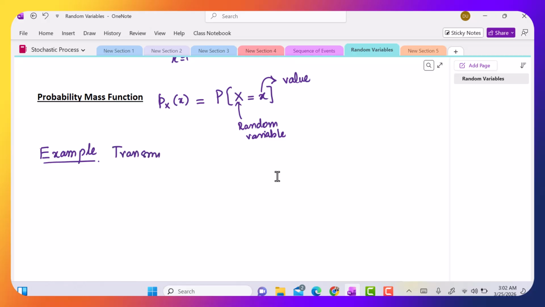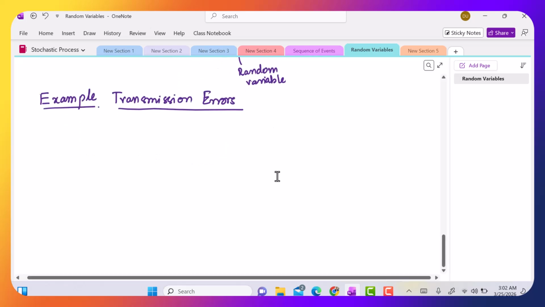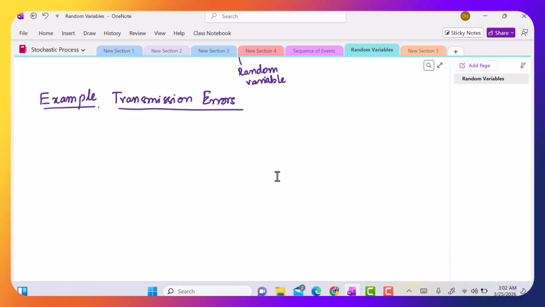So we look at this example, transmission errors. In this case, for a binary communication channel, we get bit errors with some certain probability.